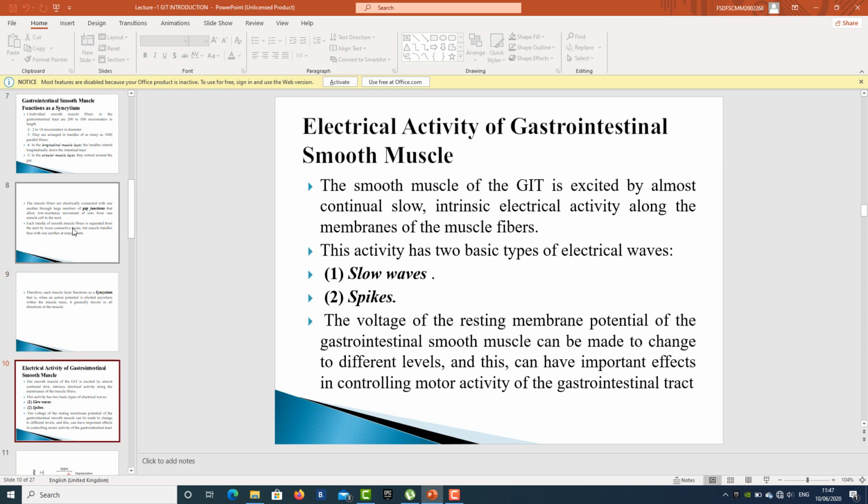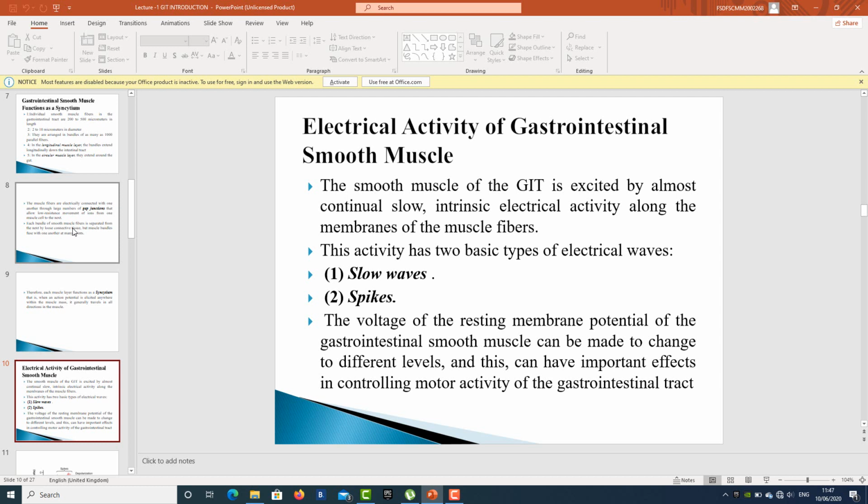Now, we should know about the electrical activity of the gut, electrical activity of GIT smooth muscle. The smooth muscle of the GIT is excited by almost continual slow intrinsic electrical activity along the membranes of the muscle fibers.